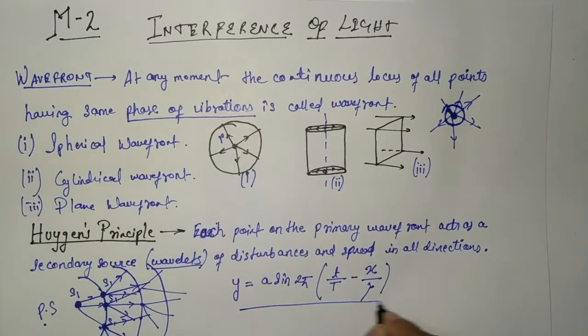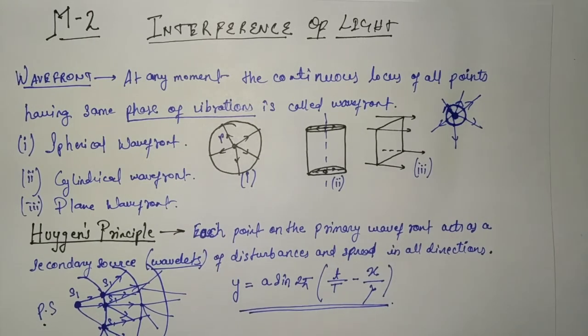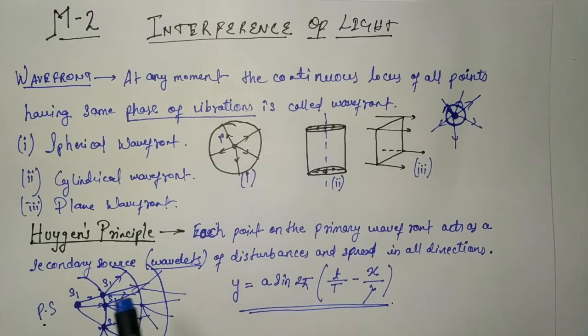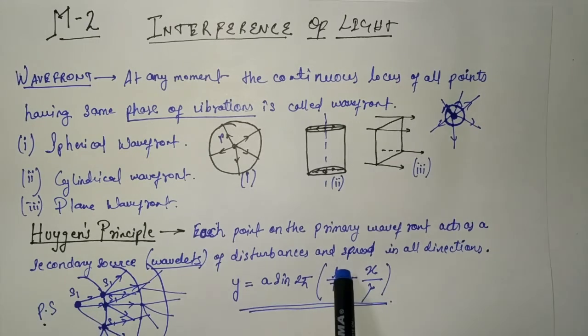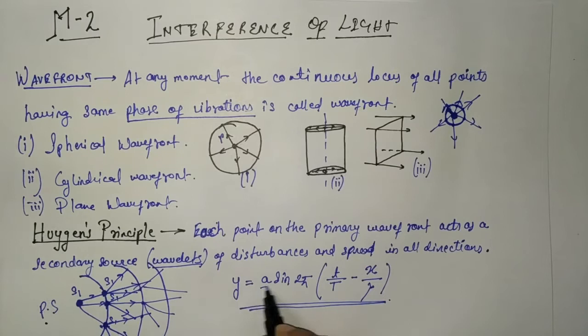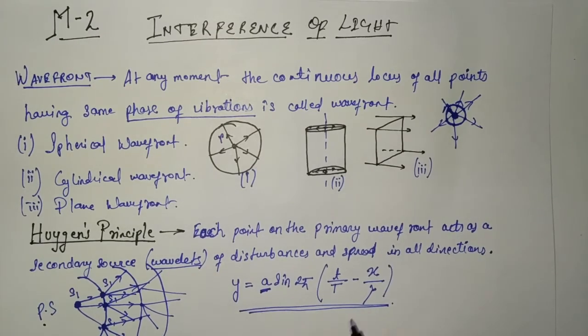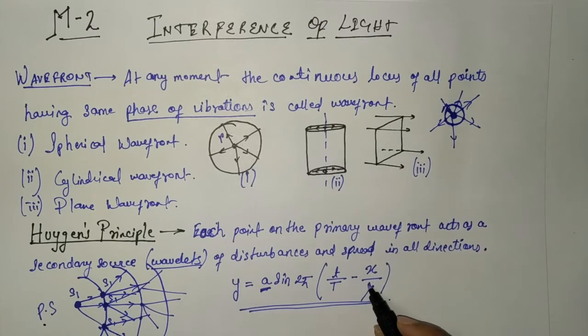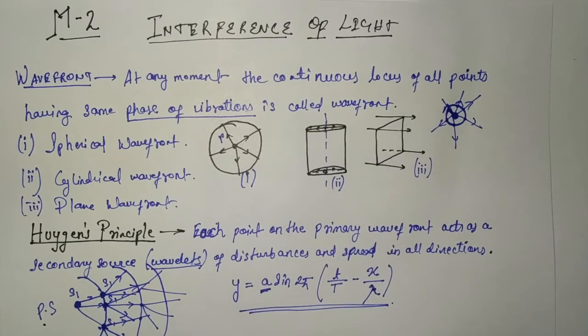So this is, as you all know, the equation of simple harmonic motion. A simple harmonic wave train is represented by the equation of the displacement y at a point x from the source at time t, as I have defined here. In this equation, a is the amplitude, capital T is the time period, and lambda, as you all know, is the wavelength of the wave.